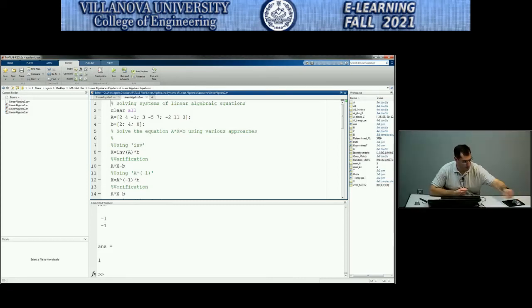Let me briefly walk you through the systems of algebraic equations, linear algebraic equations. So let me go back to my notes.